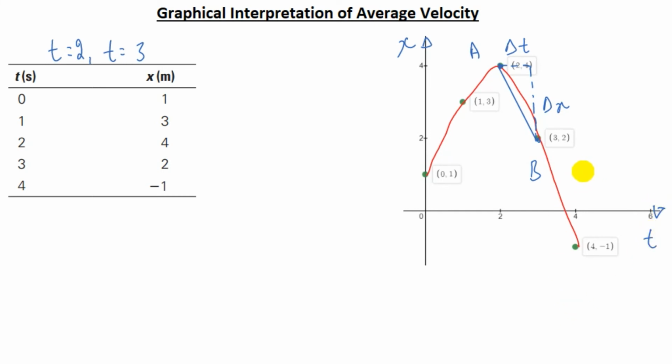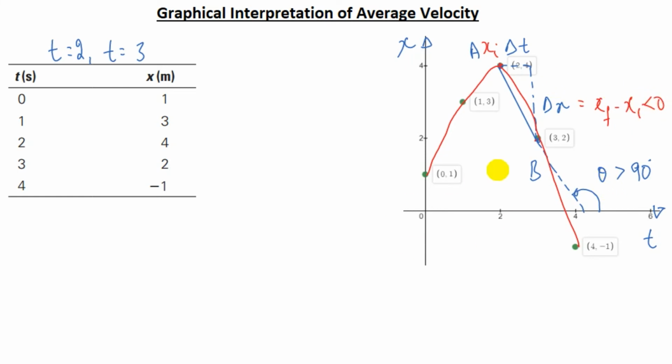Now the first thing that we notice here is the slope of this line is negative, because if you see this angle theta, if you extend this line like this, angle theta is greater than 90 degree. And when theta is greater than 90 degree, the slope would be negative. Or the other way around, we can see that delta x, that is xf minus xi, this was the initial position xi and this is the final position xf, this value xf minus xi is less than 0.